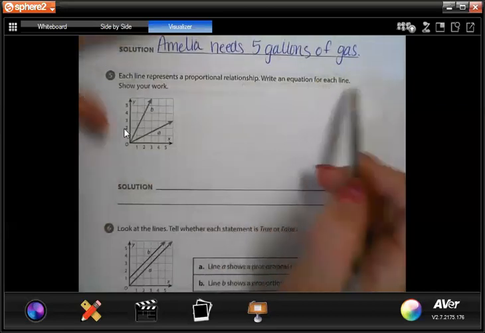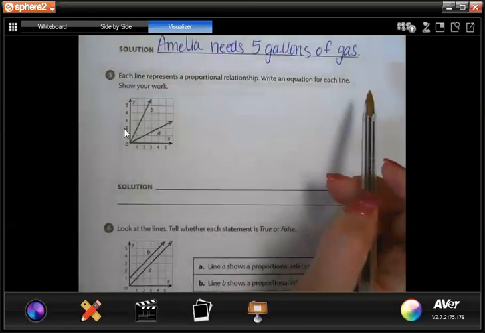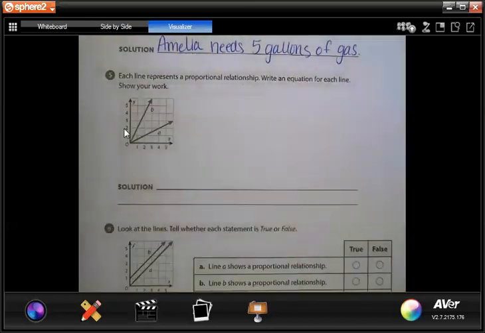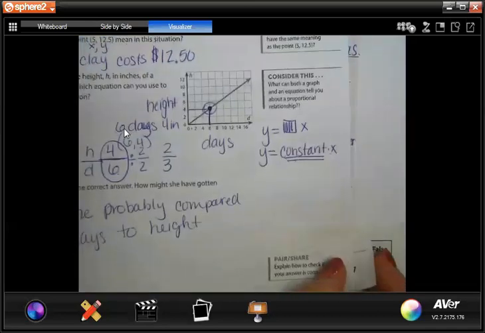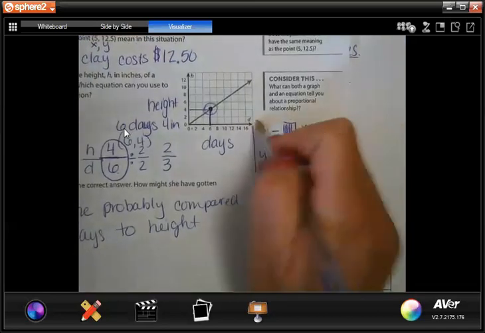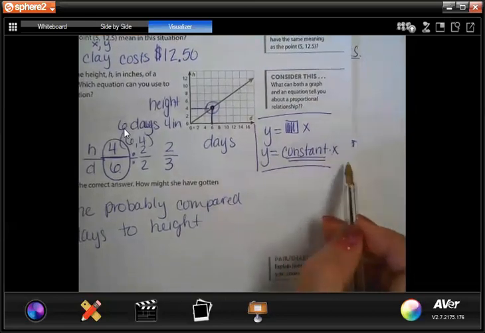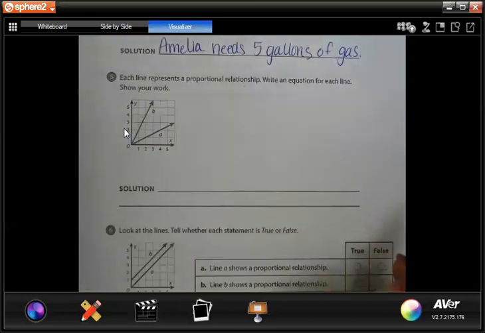So we're going to write 2 equations. Now remember what we already discussed. Equations are going to look like this, where it's going to be y equals the constant times x. So what we have to do is find the constant for both lines.